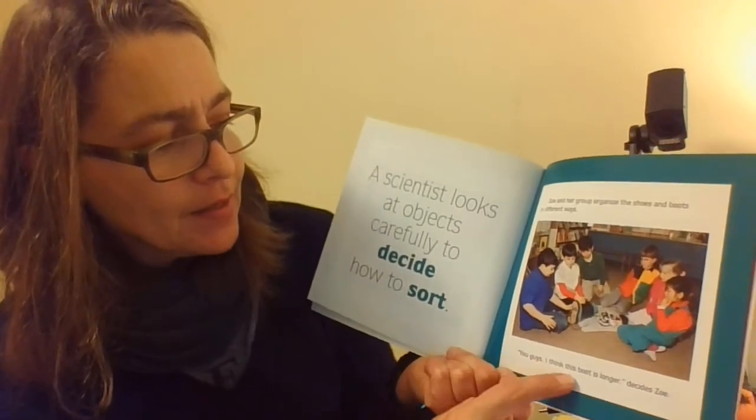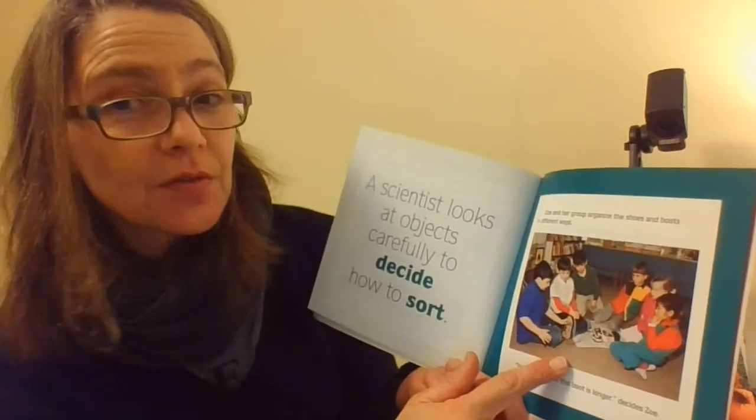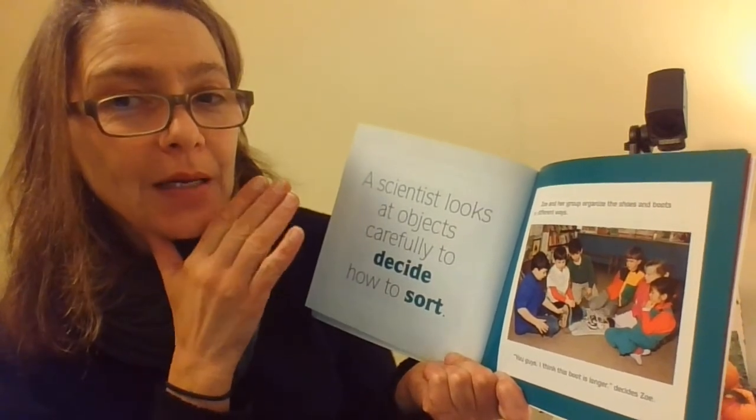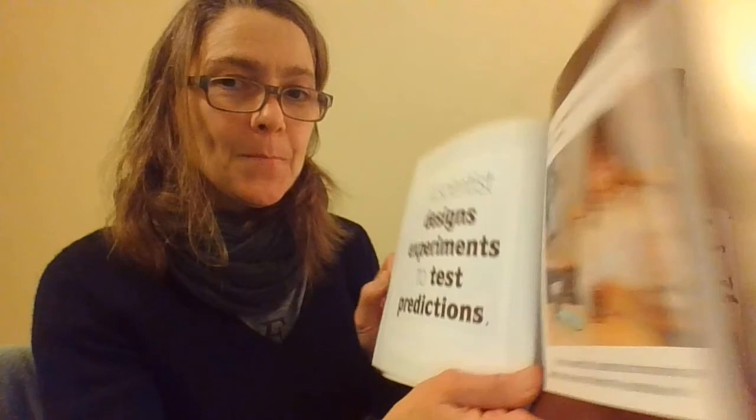"You guys, I think this boot is longer." They're sorting by length. What are some other ways we can sort? Some properties we can sort by. Think about it. Is color a way we can sort?